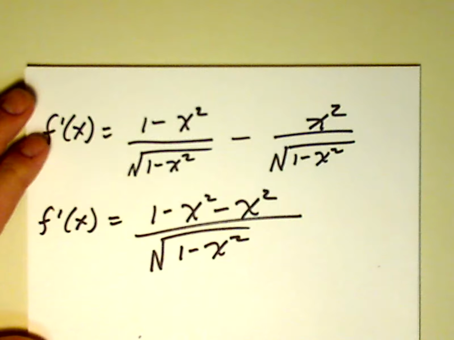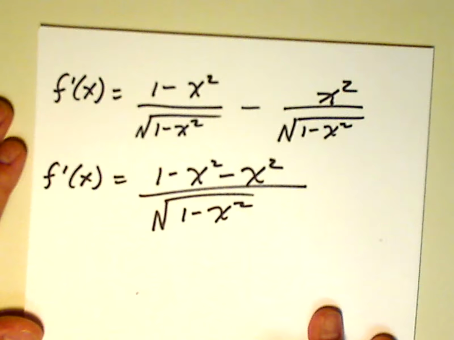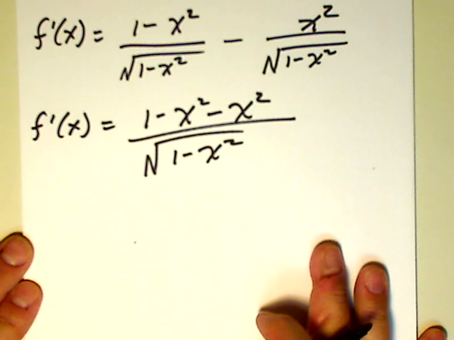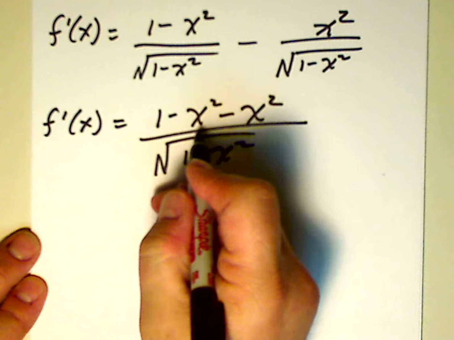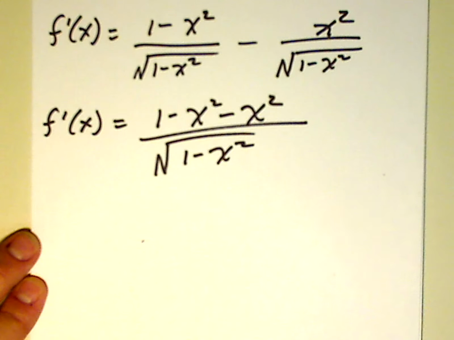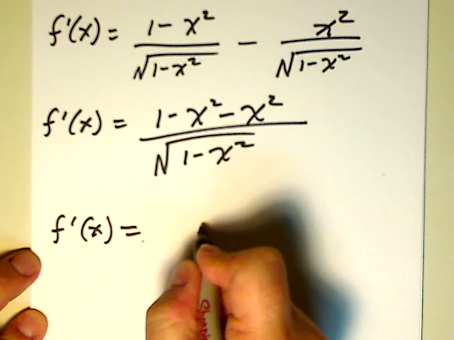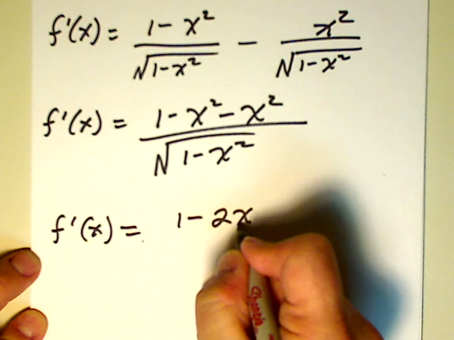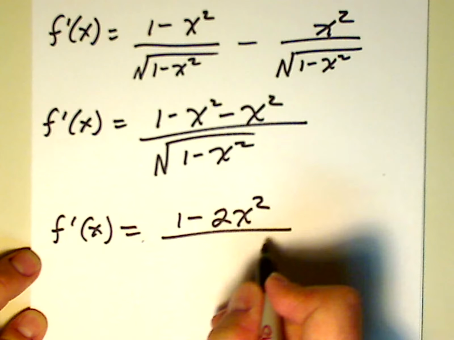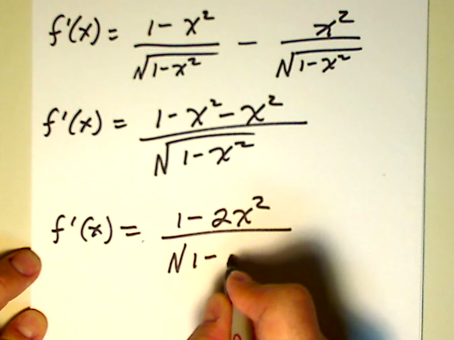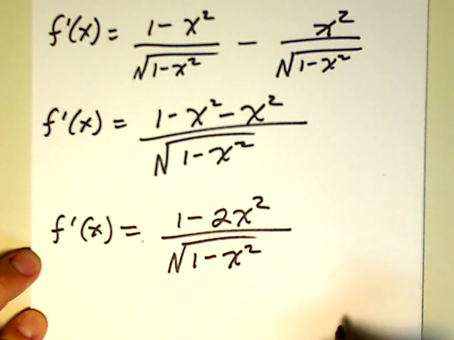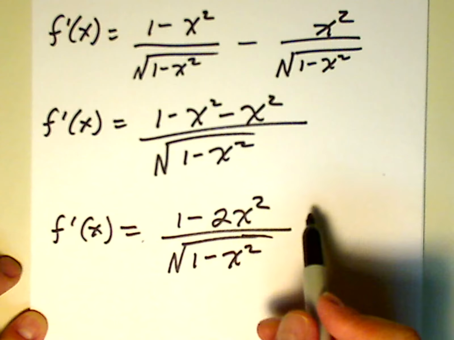Okay, let me get rid of this now. And let's see. Minus x squared is minus 2x squared. So f prime x is equal to 1 minus 2x squared over the square root of 1 minus x squared.